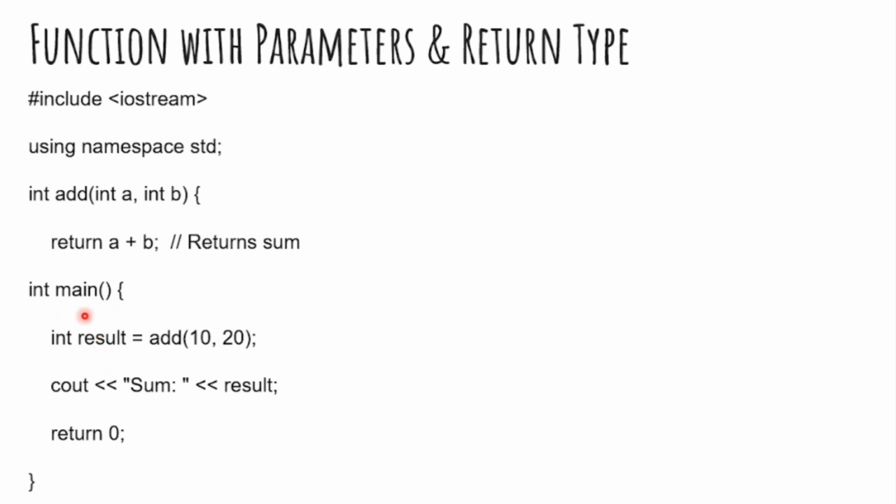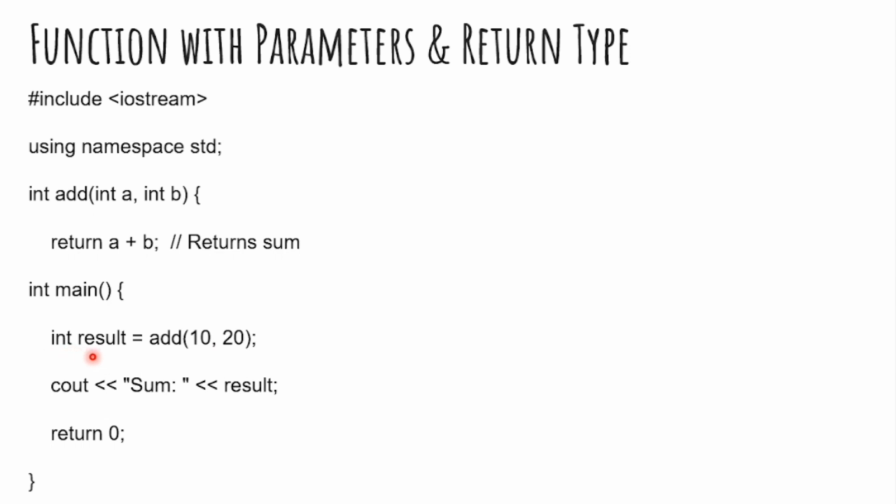And the main function. I told you earlier that we declare the function before the main function, and then write the main function after the functions. This is the main function. Simply we're going to call the function with the result variable.